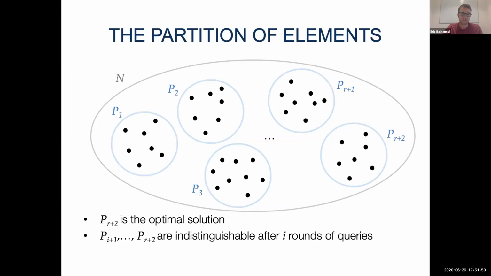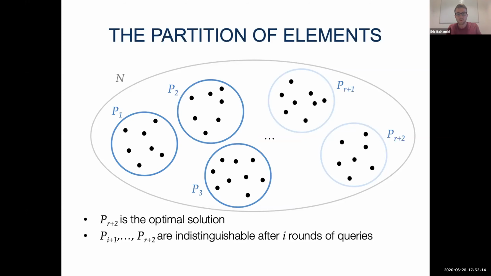What that means is that initially, the algorithm cannot distinguish any of the elements. All of the elements look the same. After one round of queries, the algorithm might be able to learn which elements are in the set P_1, but all of the remaining elements are still indistinguishable, and so on.